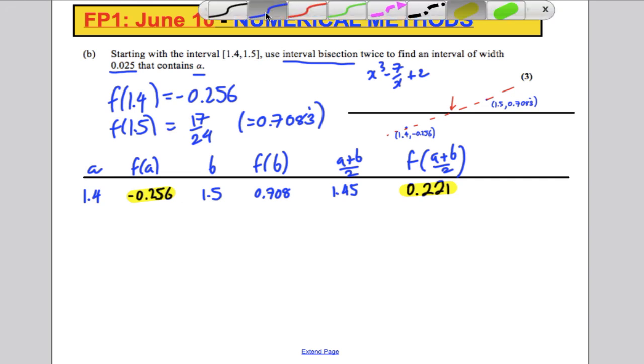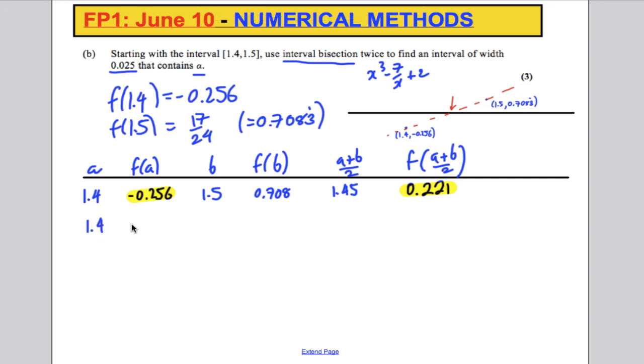So our new A is going to be 1.4. It was the same before. But our new B is now going to be equal to 1.45. Okay? And we said that f of B is 0.221. Now we're going to work out A plus B over 2, 1.4 plus 1.45 divided by 2 is 1.425. And we want to work out f of that.